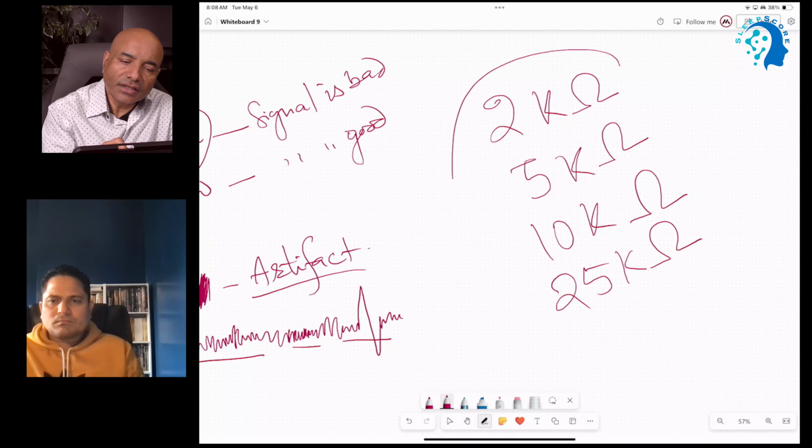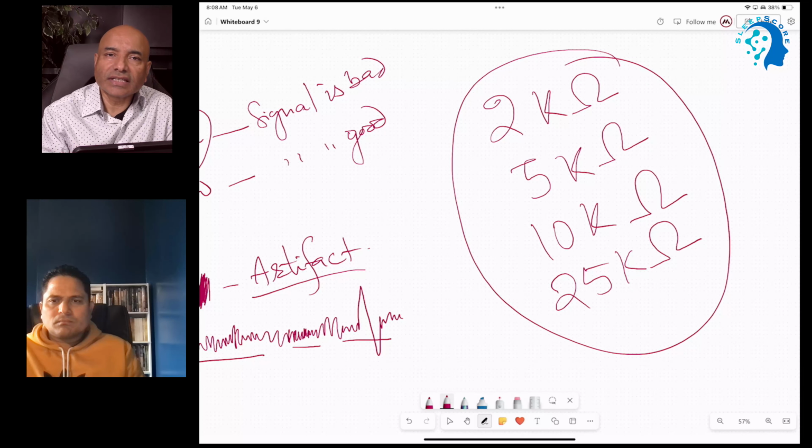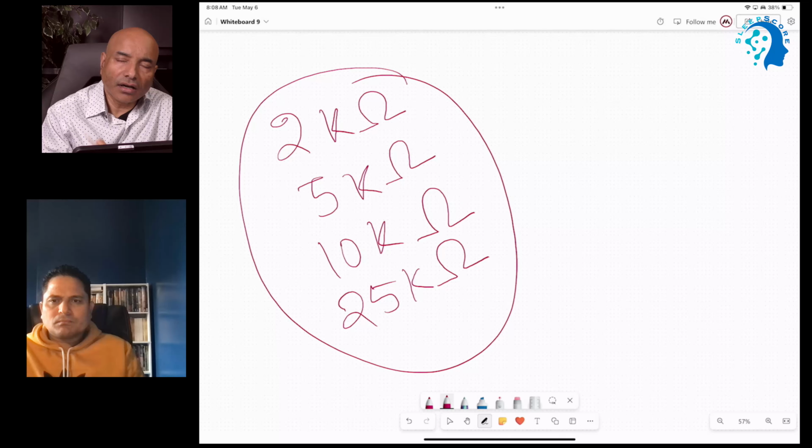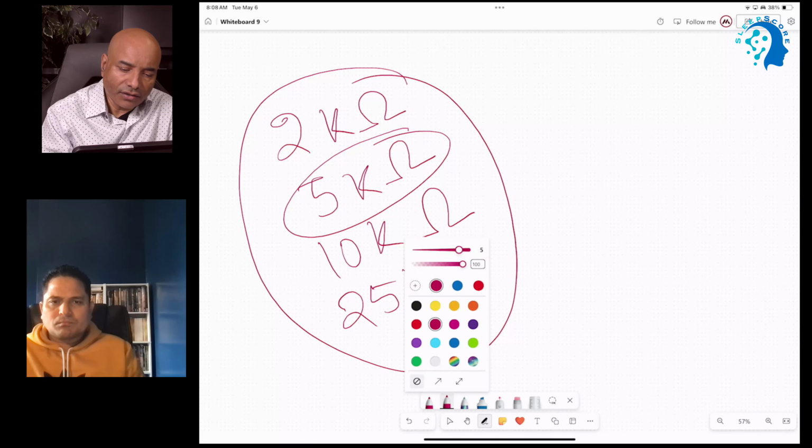These are the values that you will see on the software. And this one, 5K, is the standard.